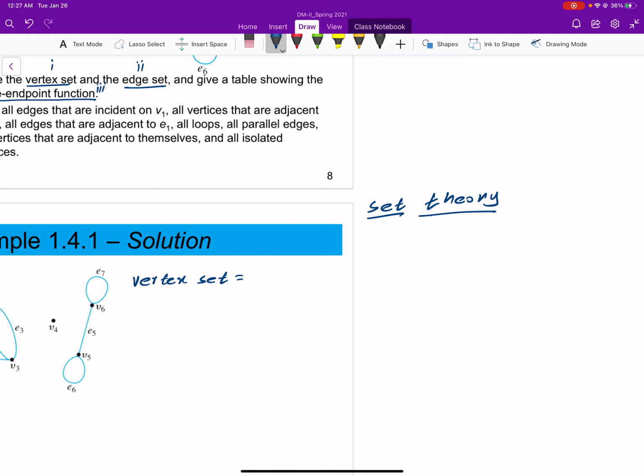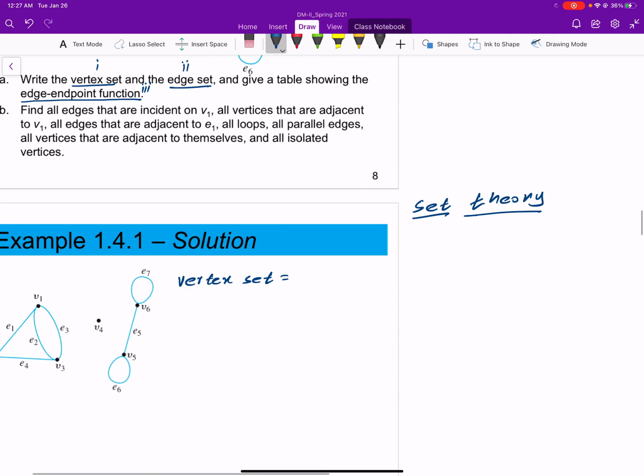This is a mathematics course, and sometimes students enroll in a class called set theory. Sometimes you learn it in other classes. Since you have taken discrete math 1, you have learned a little bit of set theory there. In set theory, we learn about sets and all the technical information about sets, which we have covered in discrete math.